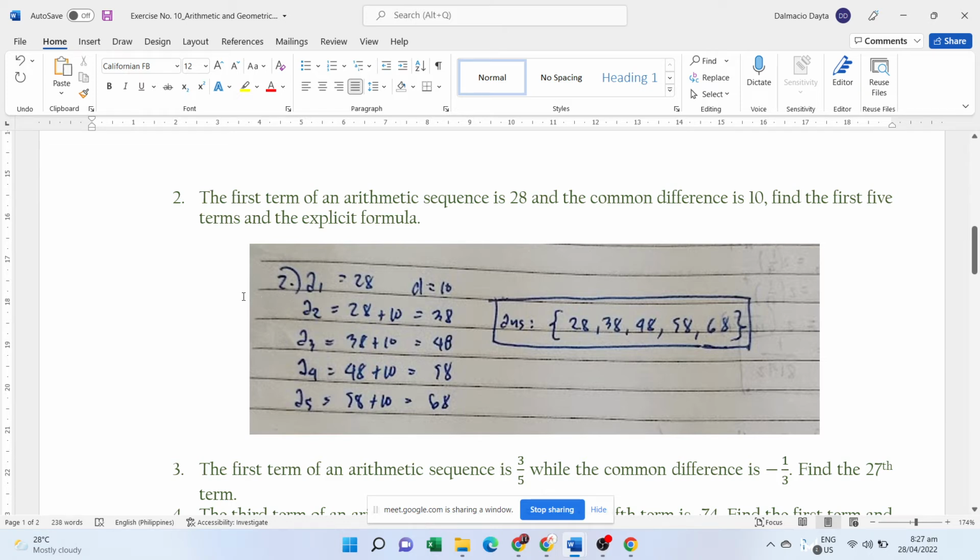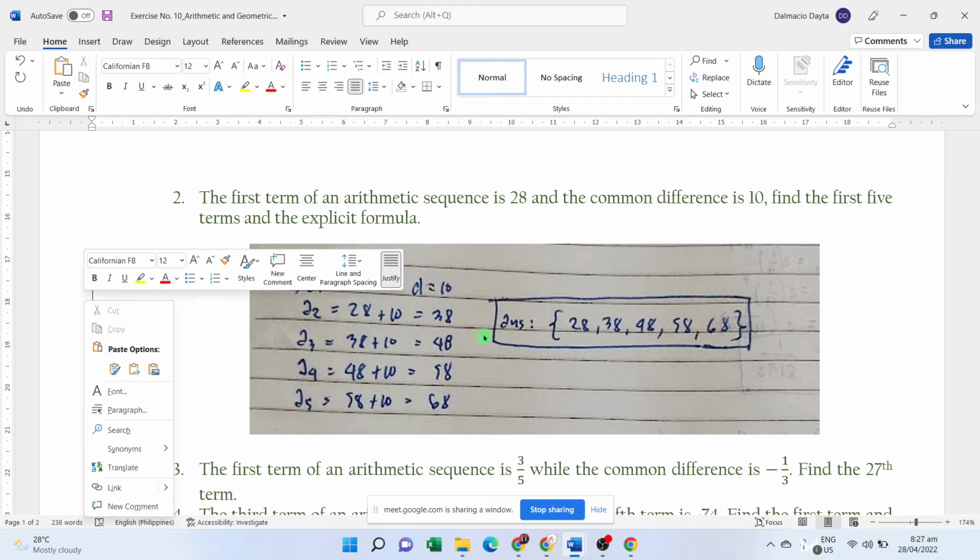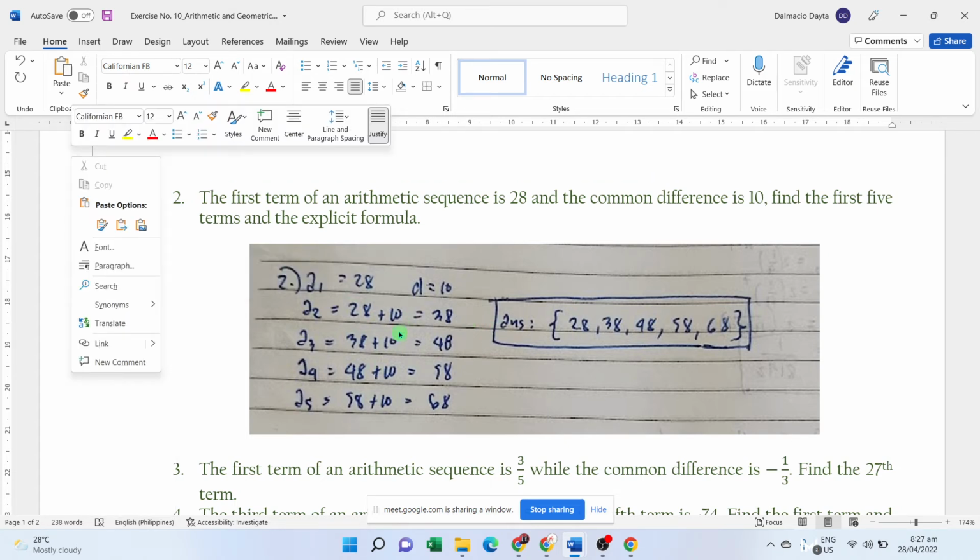Since a sub 1 is given, which is 28, and the difference is 10, I just add 10 to each term of the arithmetic sequence. So, a sub 2 is equal to 28 plus 10 is equal to 38. A sub 3 is equal to 38 plus 10 is equal to 48.